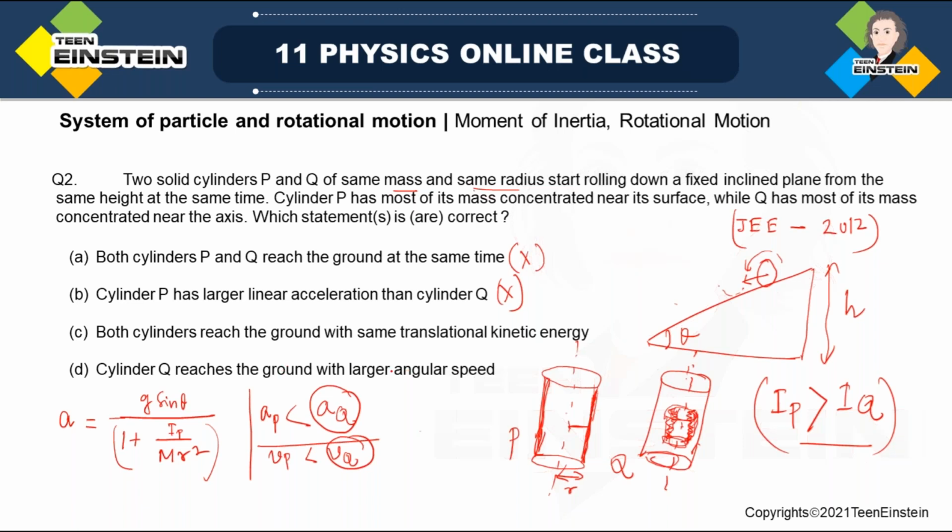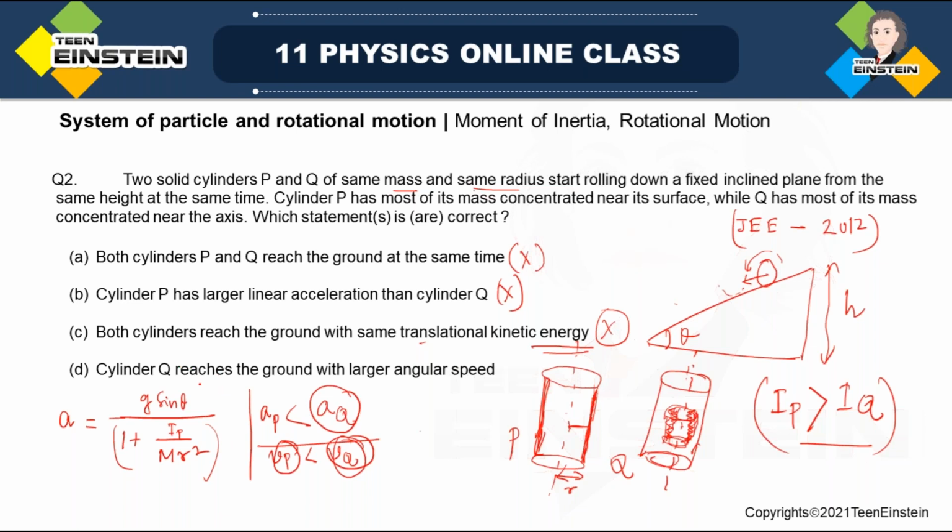Both cylinders reach the ground with the same translational energy. This is also not true, because translational kinetic energy is related to the linear velocity, and the linear velocities are not the same for both. So how will the translational kinetic energy be the same? No, it is not true.